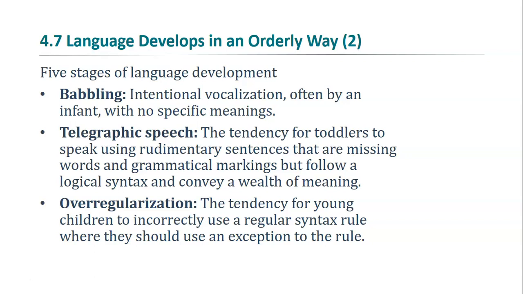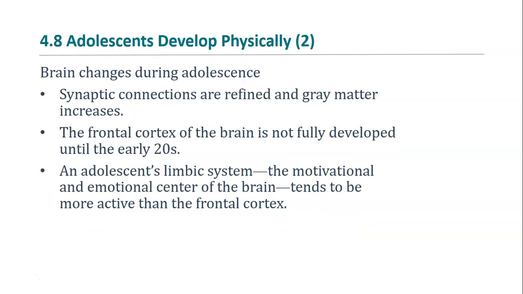Over-regularization is the tendency to use a particular syntax rule in cases where there's an exception to that rule. So this tends to demonstrate that we learn rules about language rather than particular pieces of it at one time.